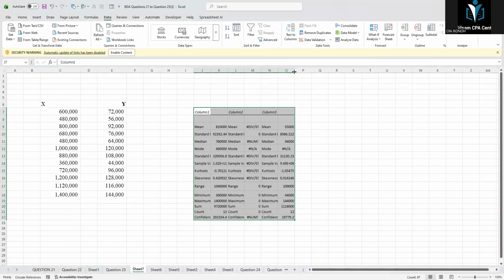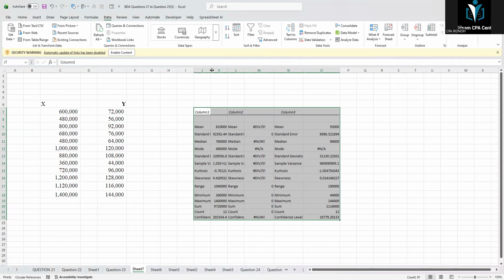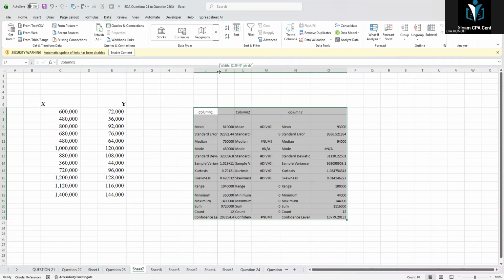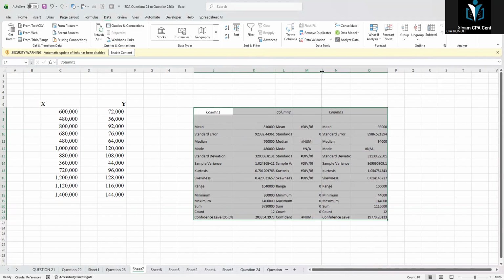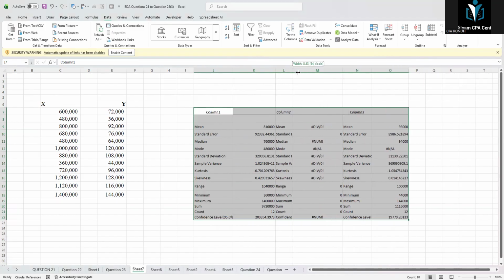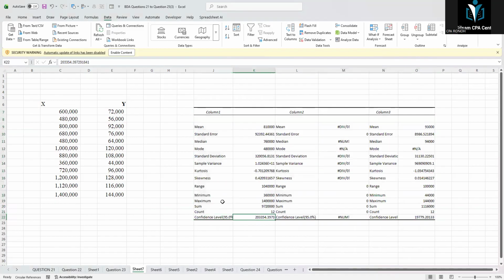It will be populated there. If you don't want a new worksheet, you just select where you want to paste the output. You'll get the median, standard deviation, maximum, minimum, count, sum, and the confidence level. That's how to generate the descriptive data.